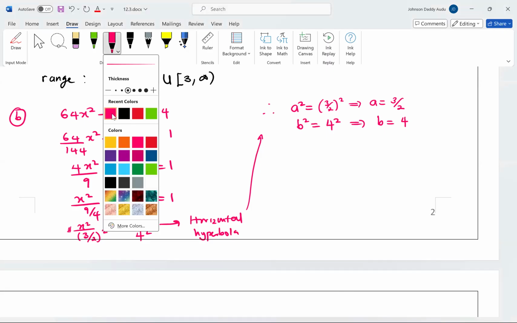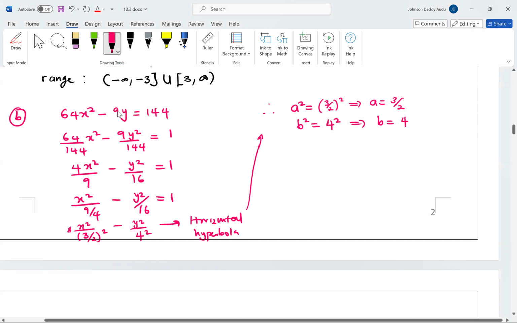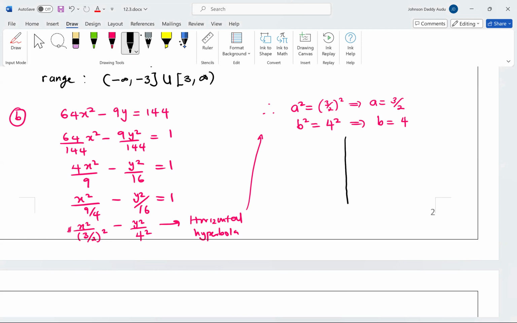All right, so now to sketch this one, we know we're dealing with the horizontal, so let's see. For horizontal, it means our transverse axis is going to be on the x-axis, and the center, we know it's (0, 0).